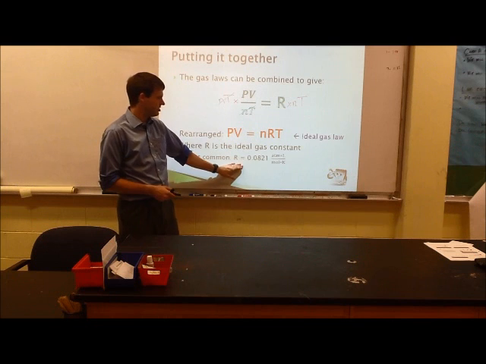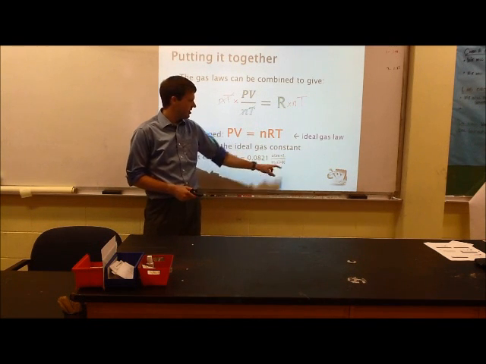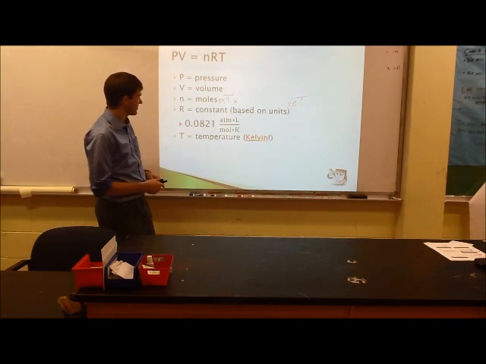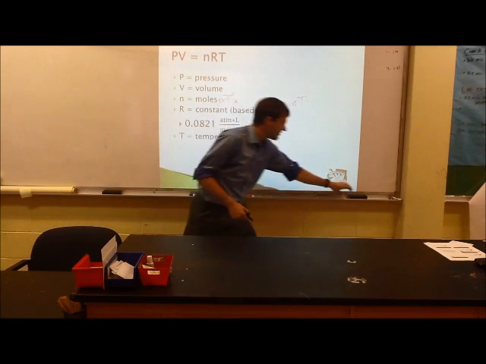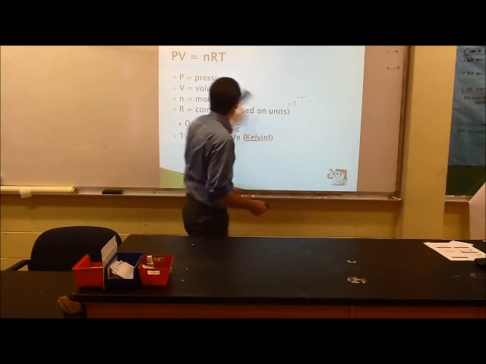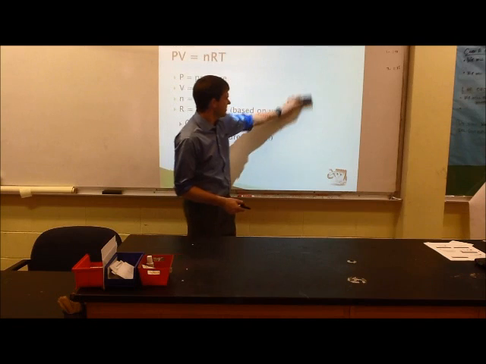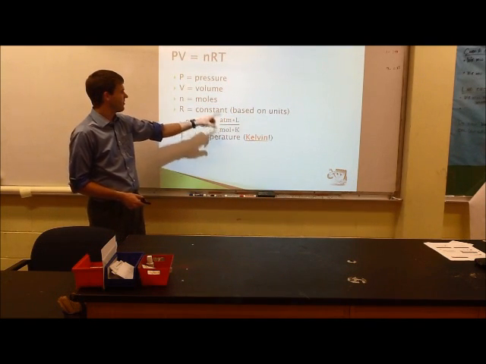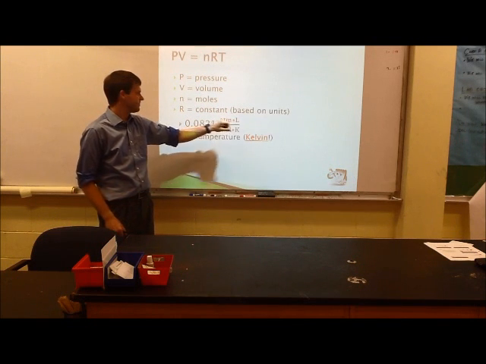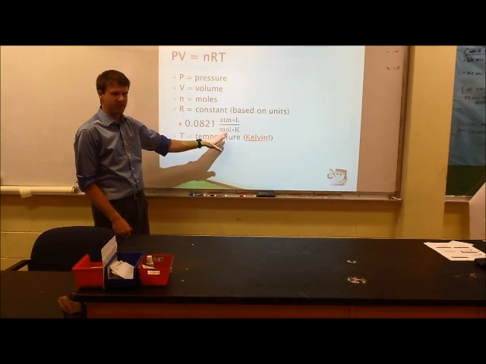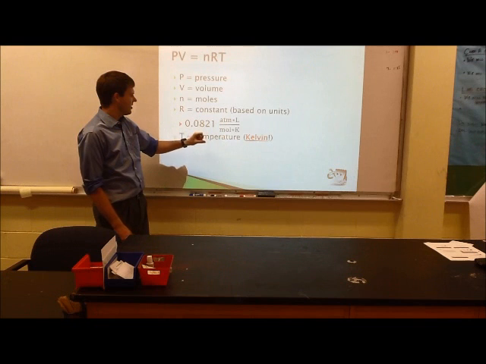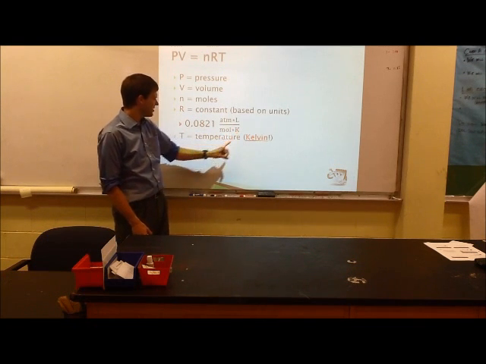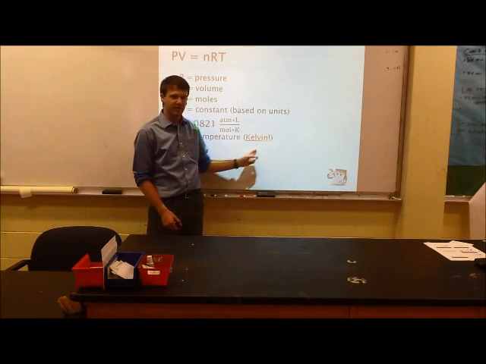This constant can change for different units. So, specifically, we'll look at this constant, where pressure is ATM, volume is liters, moles is our unit of mole, and K is for our temperature, standing for Kelvin.